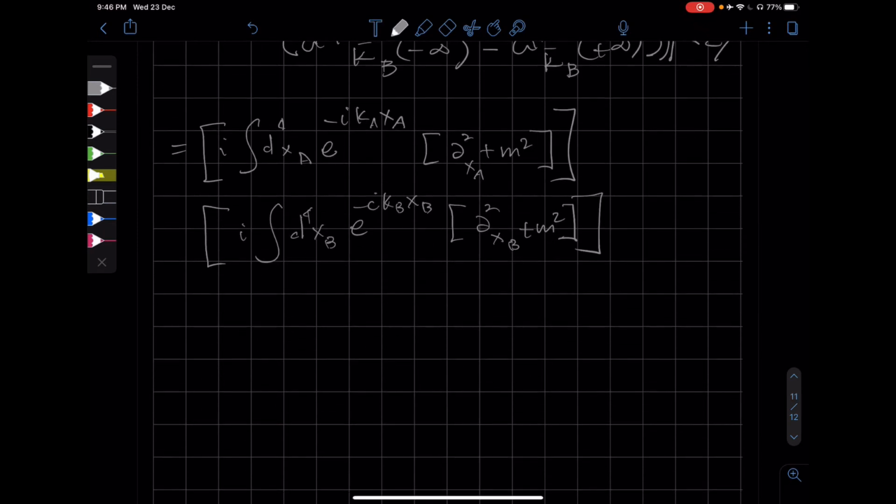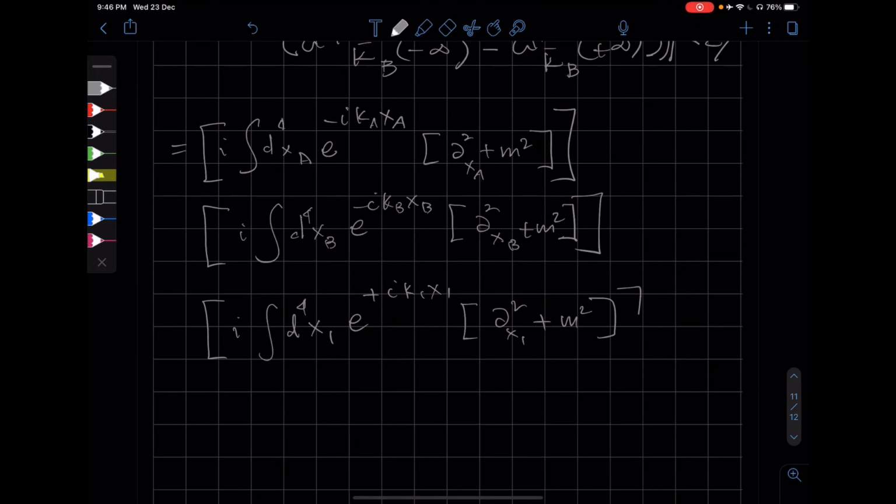And then we have the factors for the outgoing particles, which will be almost the same thing, say x1, but instead of minus here, it'll be plus I k1 x1, here del squared of x1 plus m squared, and then dot, dot, dot.